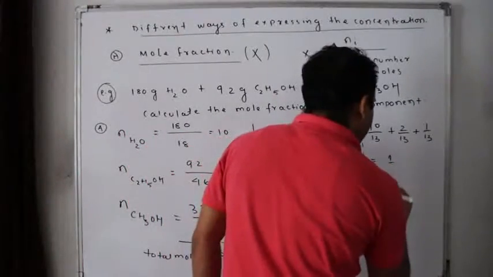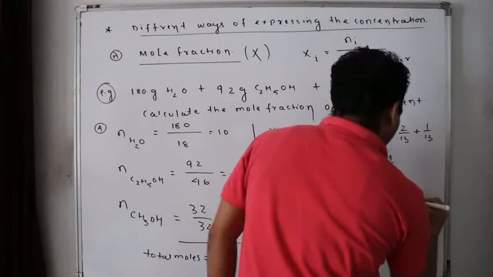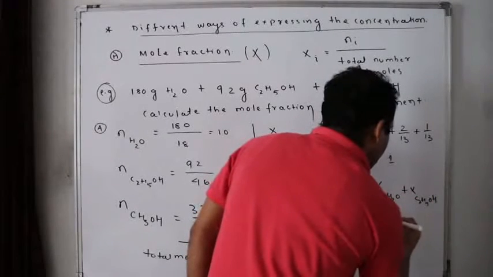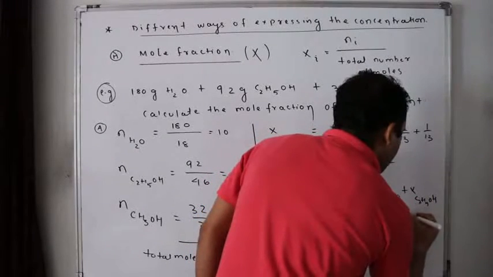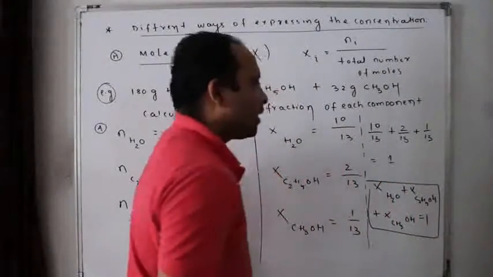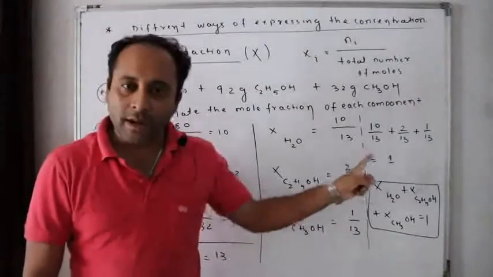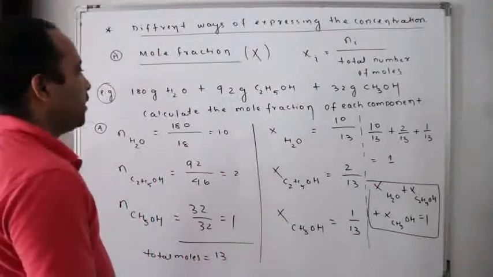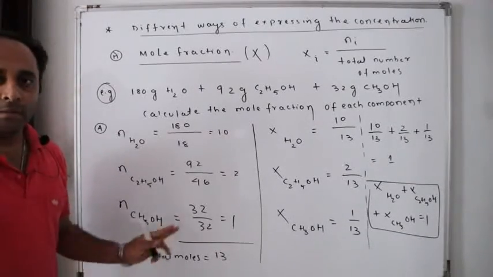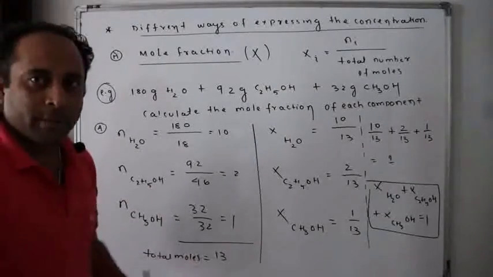We learned that mole fraction of water plus mole fraction of methanol and mole fraction of ethanol is always equal to what? 1. That means the sum of the mole fractions is always equal to 1. Okay, please copy this. Pause the video and copy it. Let me write it. Paused, copied.